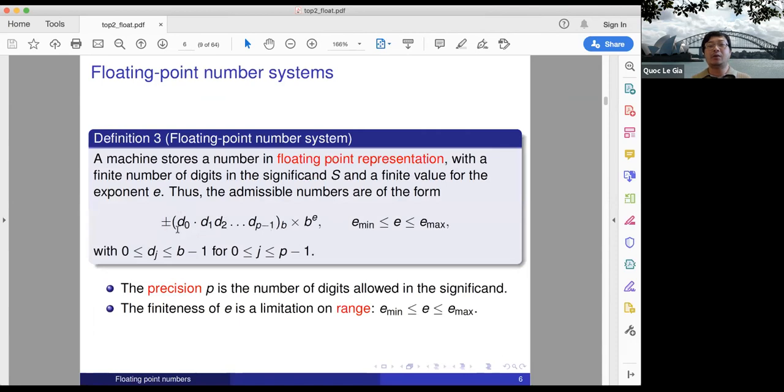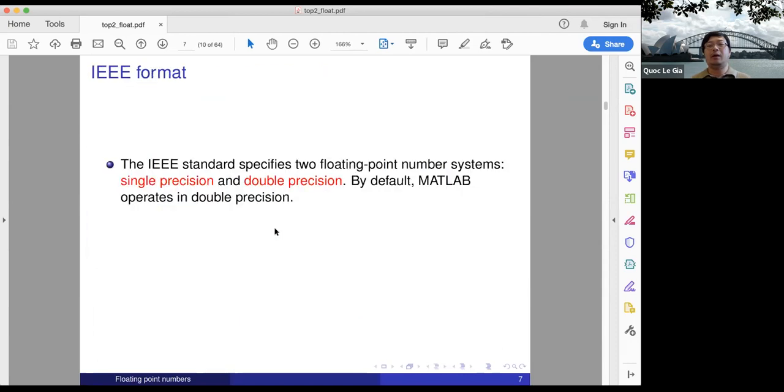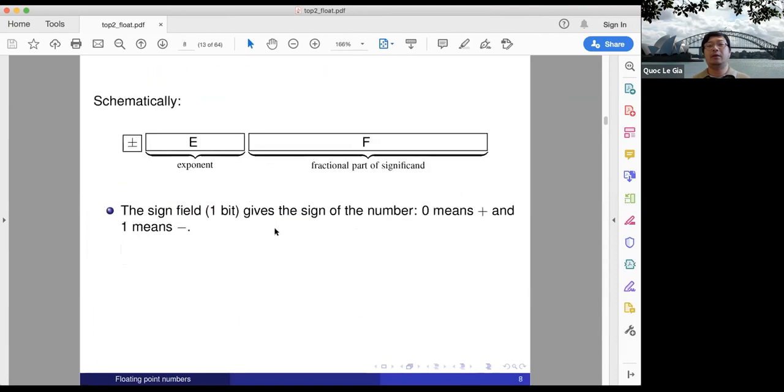But they don't store d0. They store only d1 up to dp minus 1. And why is that? Any guess? D0 always has to be 1. Yes, exactly. That's why they define the normalized number. For a normalized number, D0 is always 1.